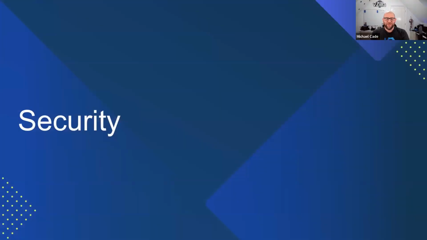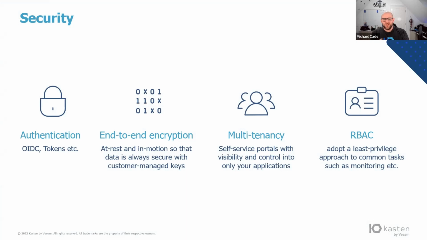I think this is the fourth one, security. So security is obviously top of mind for a lot of engineers, whether they be developers, DevOps, or operations folk. And again, this goes to the point where we're leveraging the native Kubernetes API, but also being able to use those other ecosystem partners where things like authentication using OIDC or our own Kubernetes token-based authentication to gain access to our cluster, our K10 dashboard.